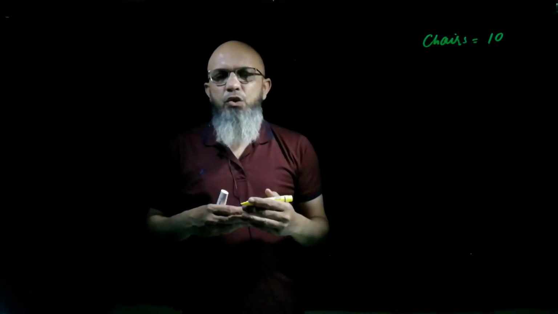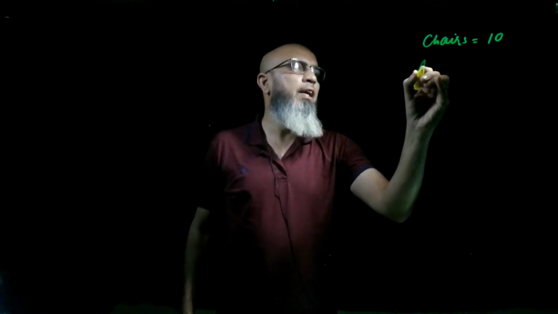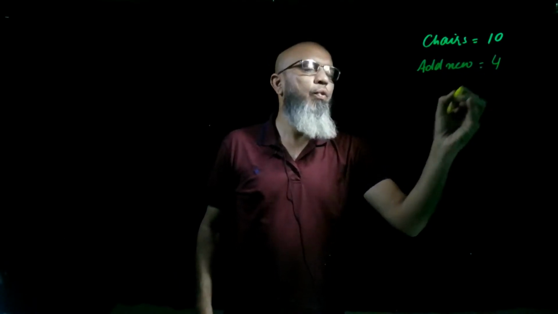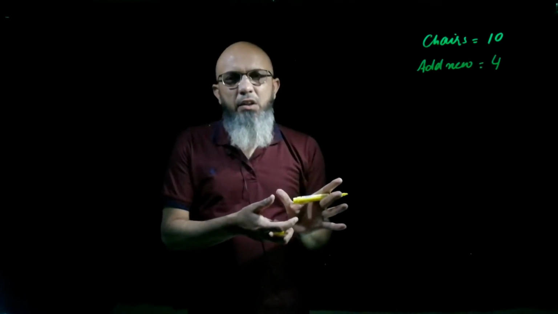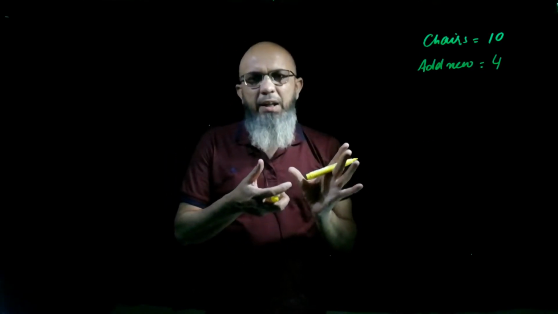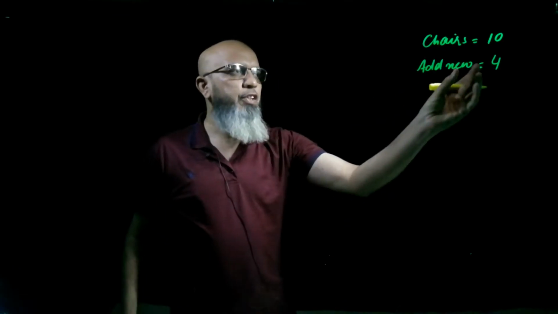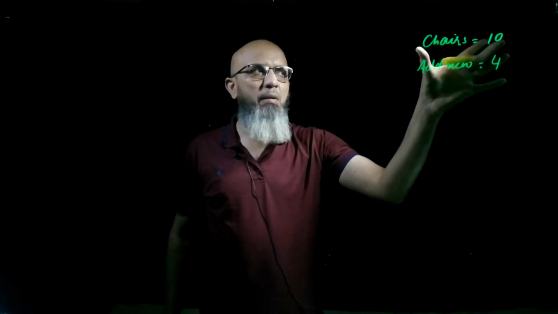We add 2 chairs, or 3 or 4 chairs. Okay, we add new chairs, that is 4. So the chairs are increased. We are going to find the increase in the chairs in terms of percentage. How many chairs did we increase? We increased 4 chairs. And what is the previous number of chairs?